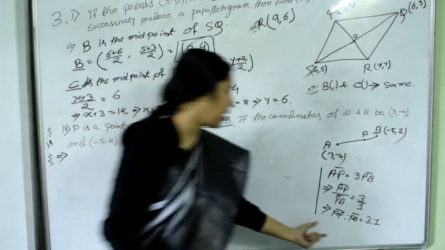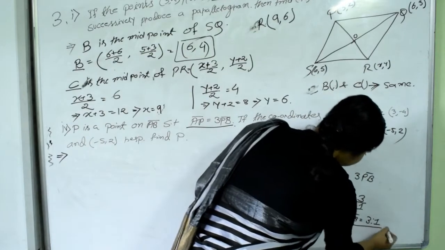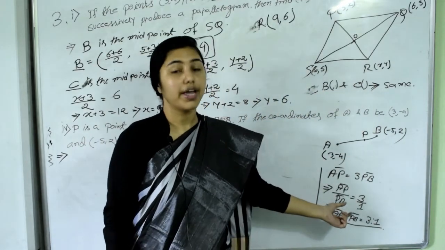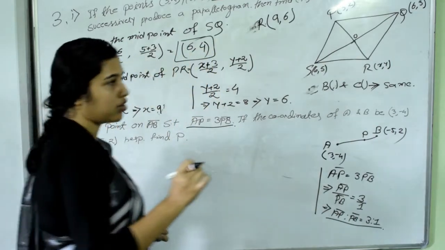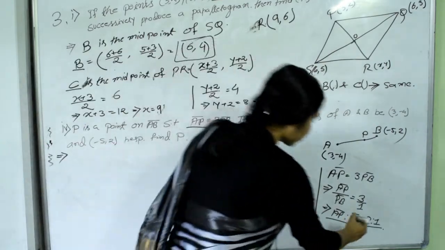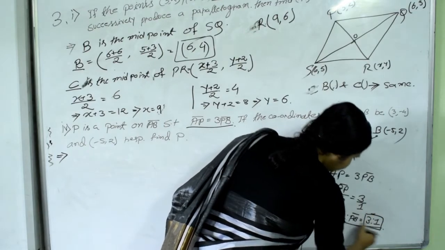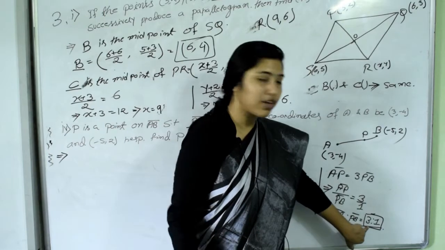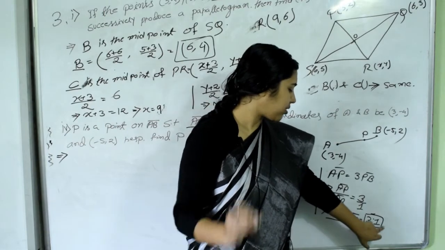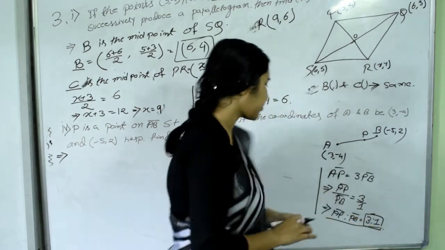So from here we get our ratio m is to n. We know that we denote the ratio as m is to n. So here m is to n equals 3 is to 1, which means the value of m is 3 and the value of n is 1.